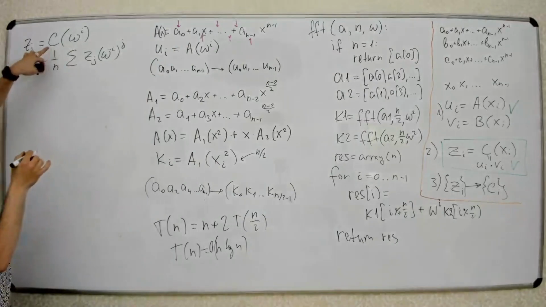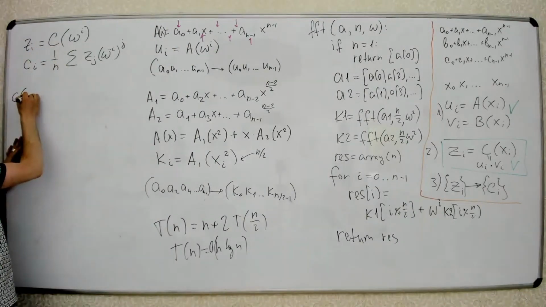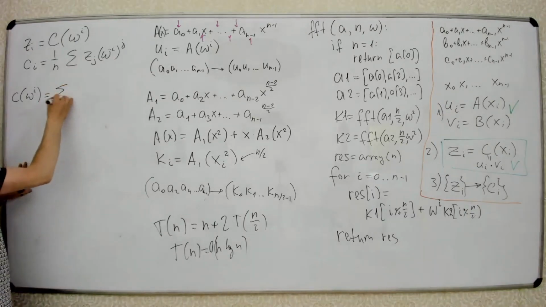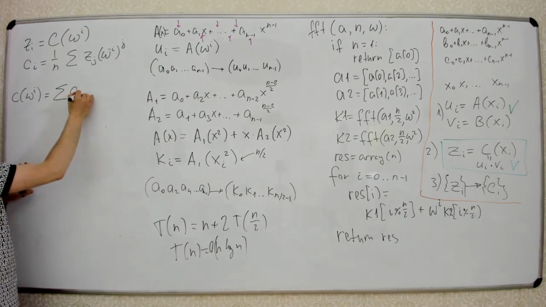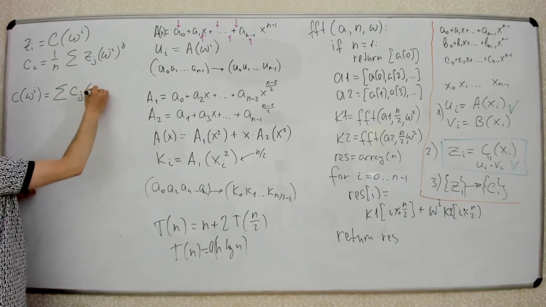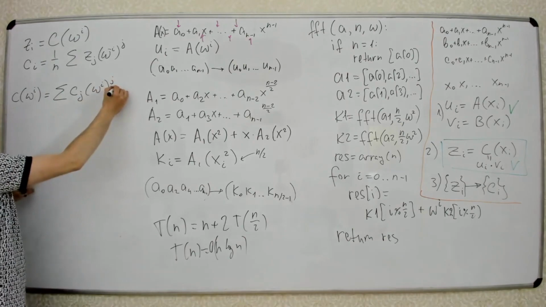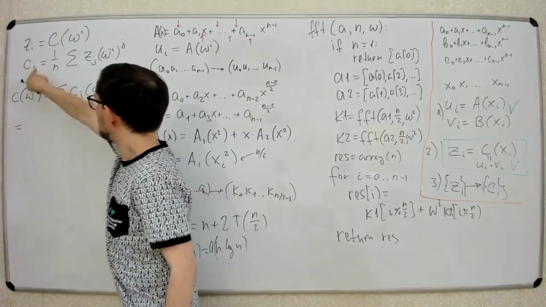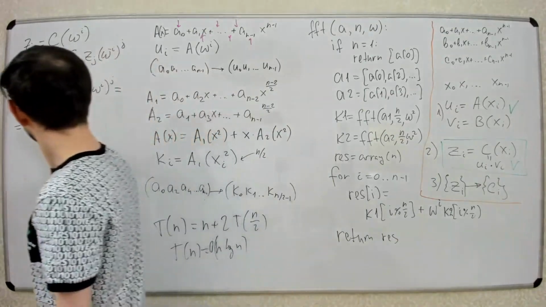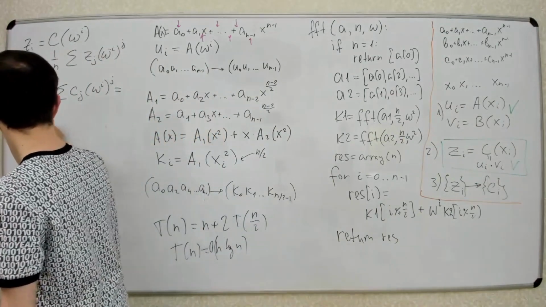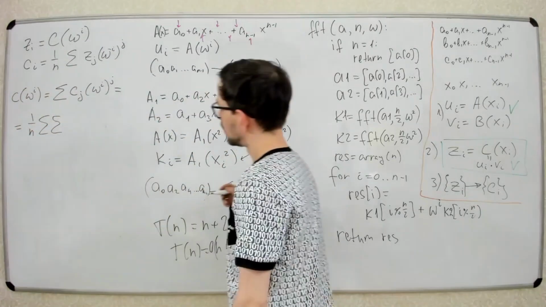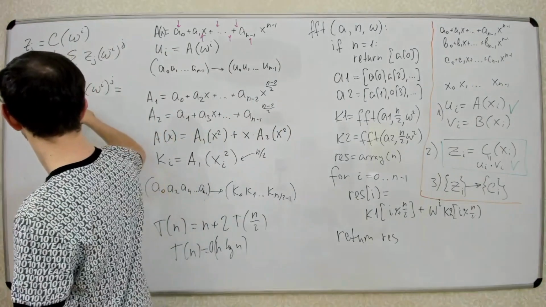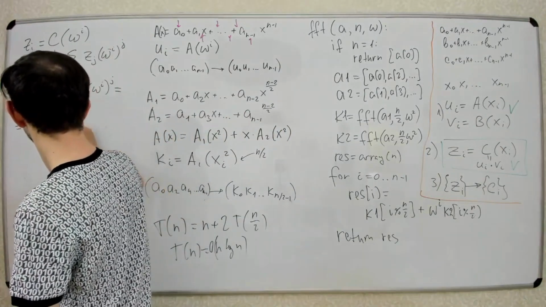So let's try to calculate the value of polynomial c at the point w power i. What will it be? It will be the sum of all coefficients c_j by w power i power j, right? Now, let's put these values here. We'll have 1 over n by the sum. I need another variable, so let's say k.